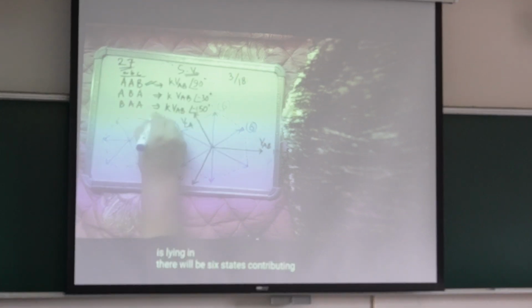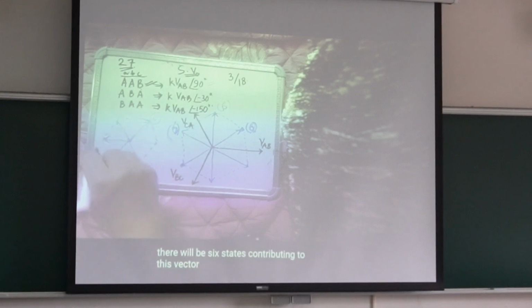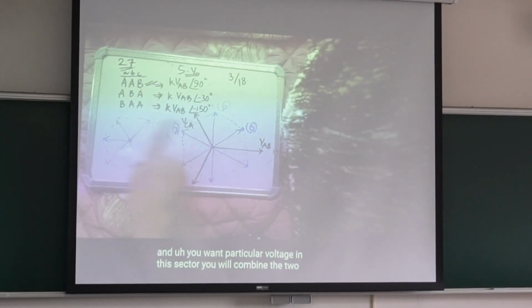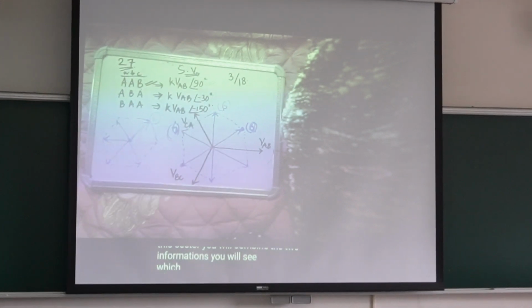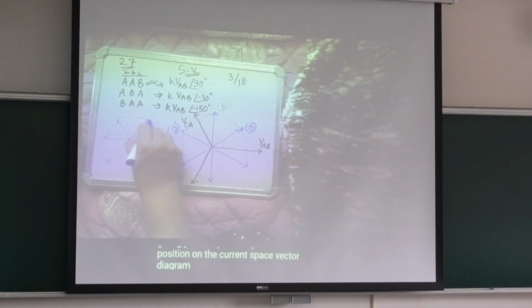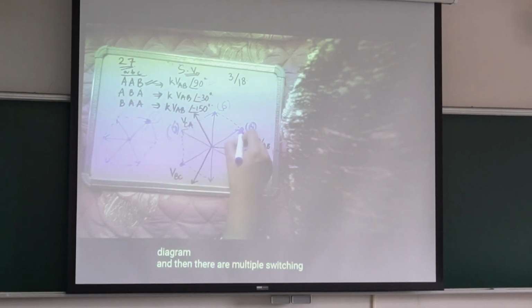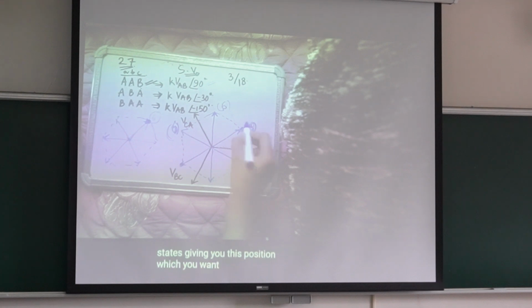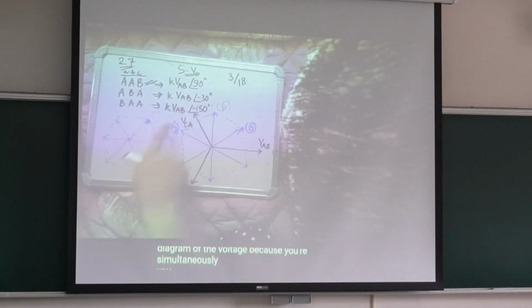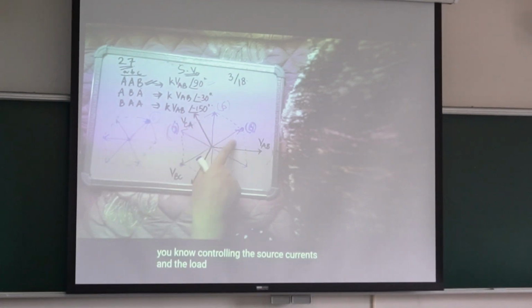There will be 6 states contributing to this vector, and you want a particular voltage in this sector. You will combine the two pieces of information. There are multiple switching states giving you this position on the current space vector diagram, and multiple switching states giving you the position you want in the voltage space vector diagram, because you're simultaneously controlling the source currents and the load voltages.